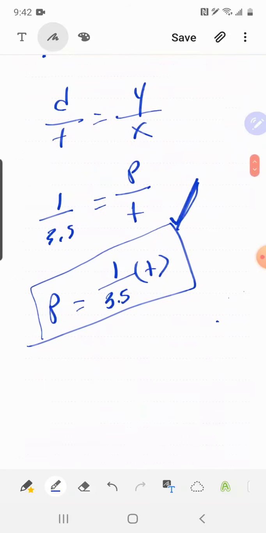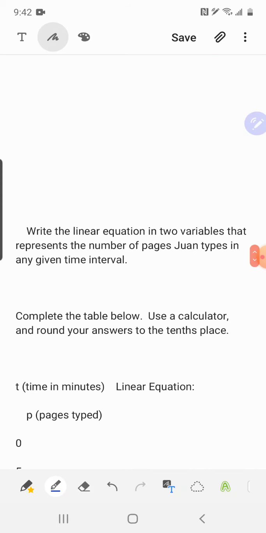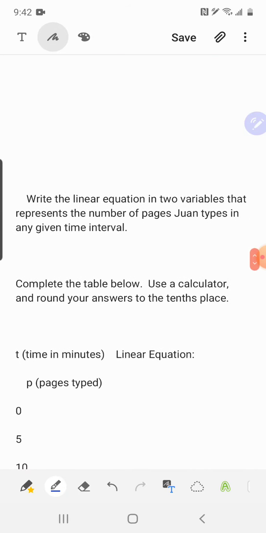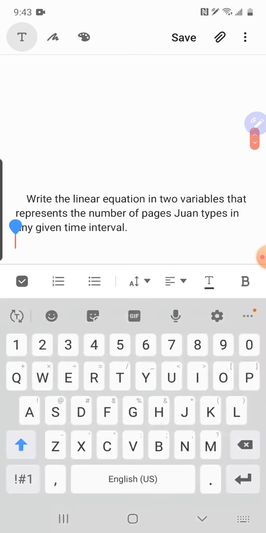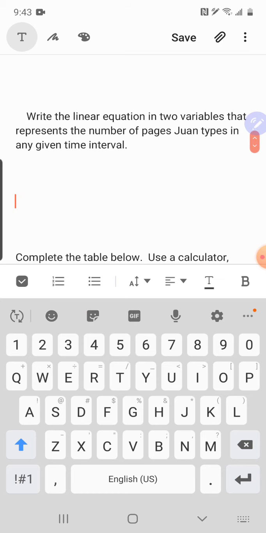Now I'm just going to go on to the second part. It says write the linear equation in two variables that represents the number of pages. I kind of just did that. That's this right here.